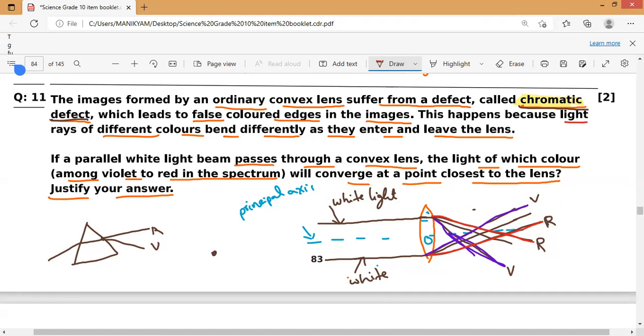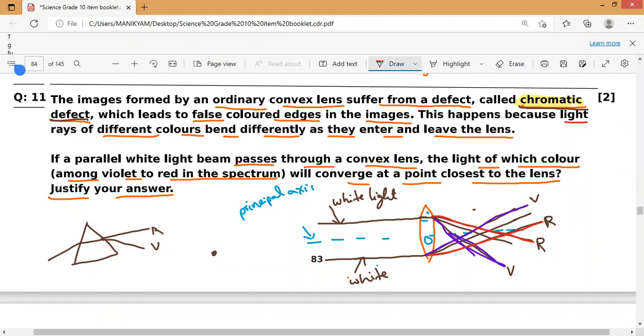Now tell me, from the dispersion of light, which is having more refractive index and which is having less refractive index, all the colors, 7 colors. Think very carefully, wisely, and tell me. As we all know, who will travel faster and who will travel slower, who will bend more, who will bend less, meaning who is having the most refractive index, who is having less refractive index.